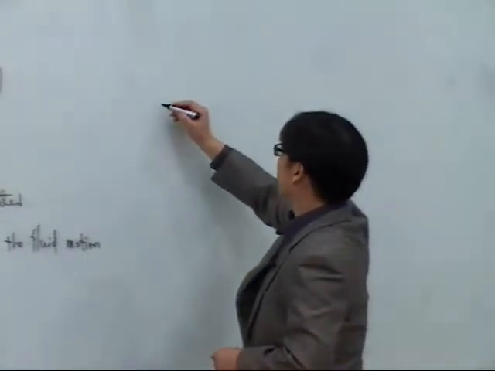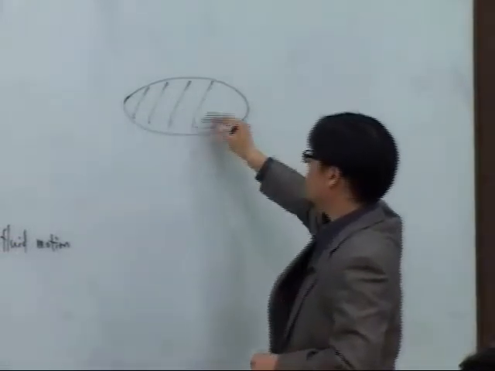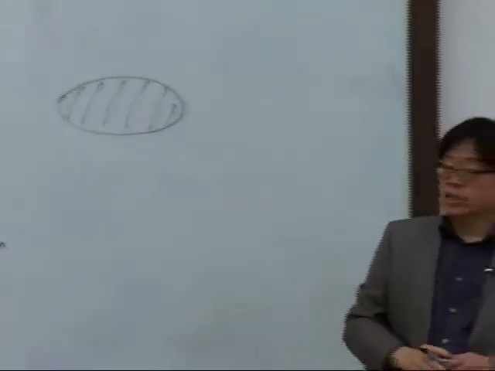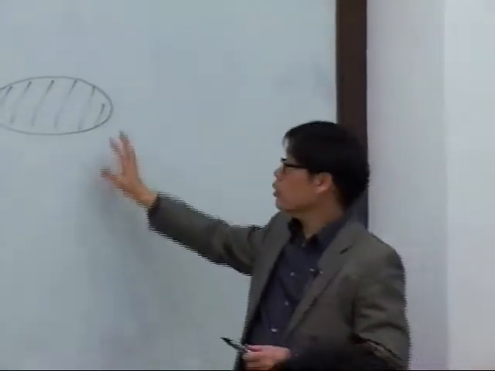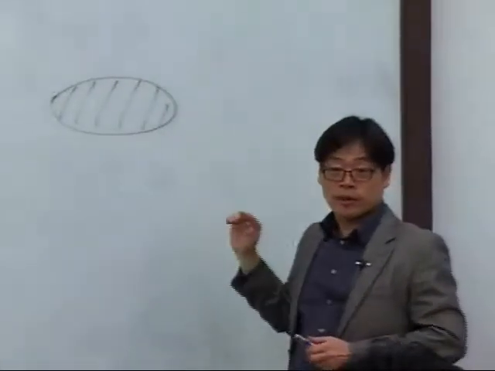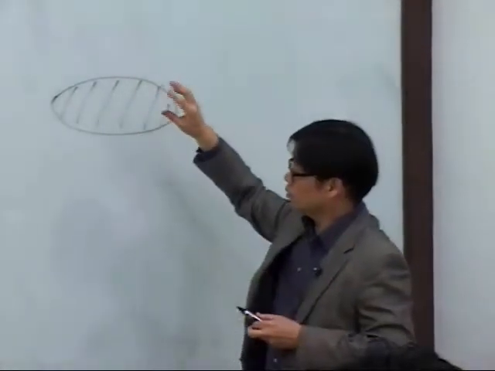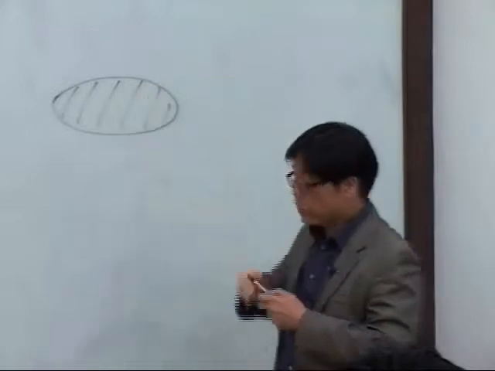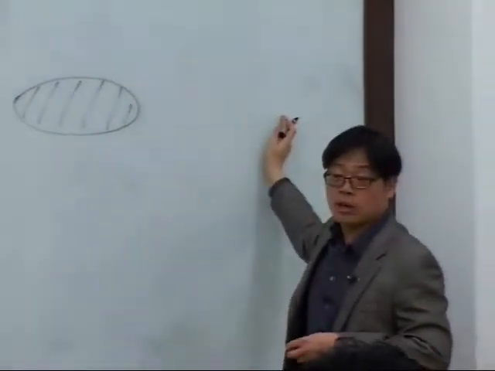So in other words, imagine a body like this. This solid body is at rest at t equal to 0. The fluid is at rest as well. And all of a sudden, this body starts to move. Or, when the body is still stationary, the flow starts at t equal to 0.